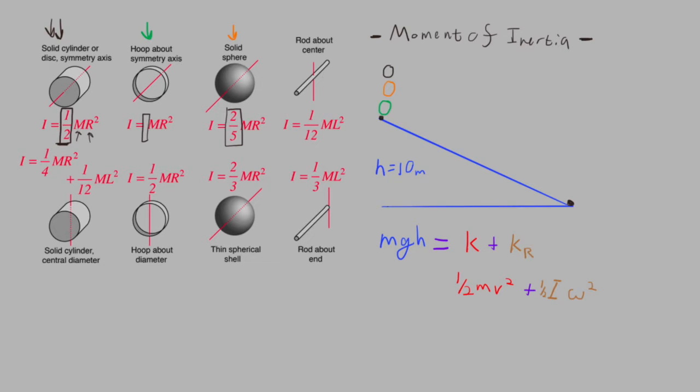So I'm going to set up first the hoop. Now, instead of putting in I, I'm going to put in the equation for I. So for this hoop, the equation for I is mr squared. So I'm going to write in mr squared.